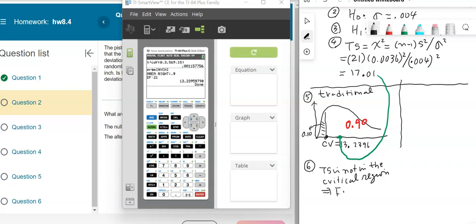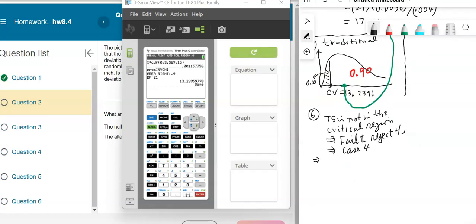Fail to reject the null hypothesis. Okay. So that makes, what is it? It was supposed to be case 3 or 4, but now it's case 4. So what is the final conclusion? Number 7, the final conclusion is there is not sufficient evidence to support the claim.